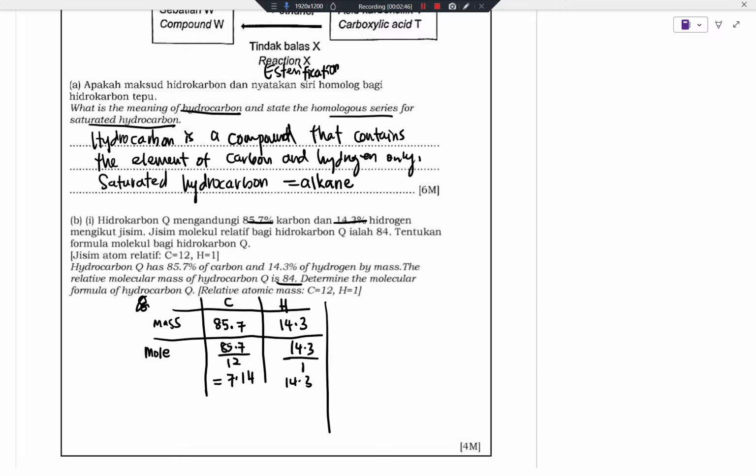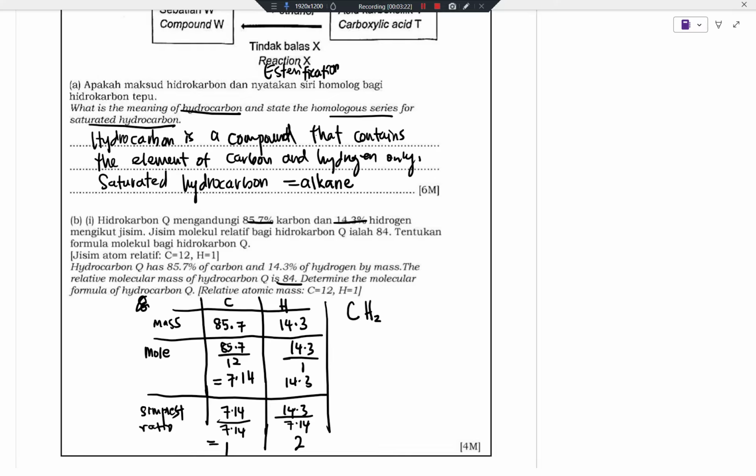Okay, and then the simplest ratio: 7.14 you divide by 7.14, 14.3 you divide by 7.14. So this one definitely 1. This one is about 2, but anyway, let me calculate. 2.00, so 2. So it is basically C1H2, times 2. So it must be alkene.